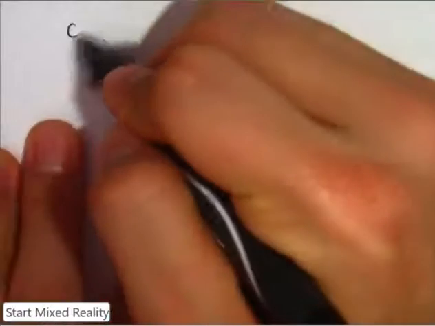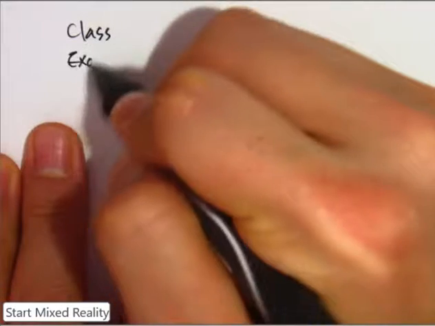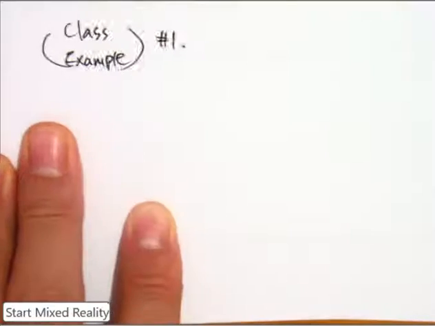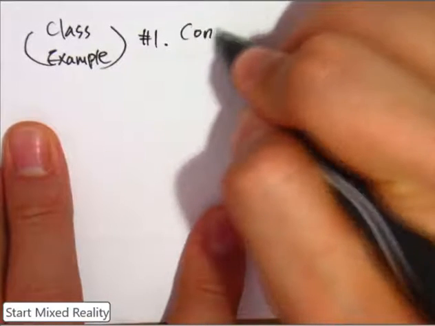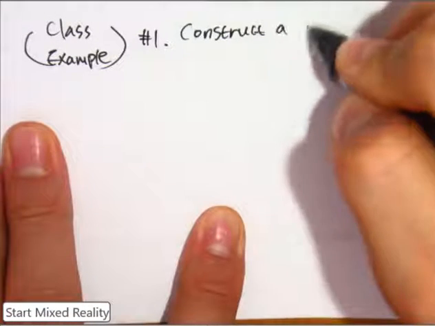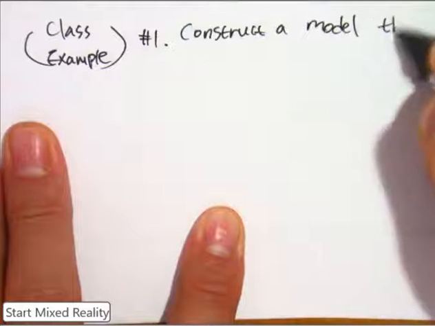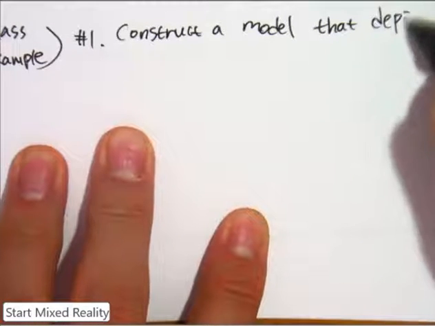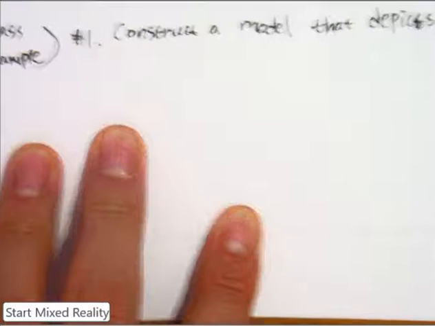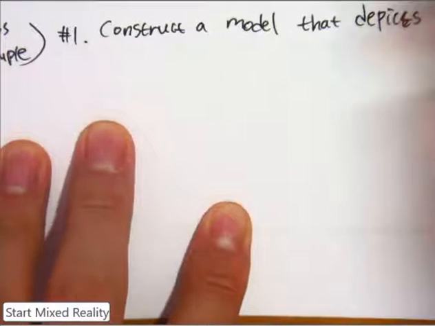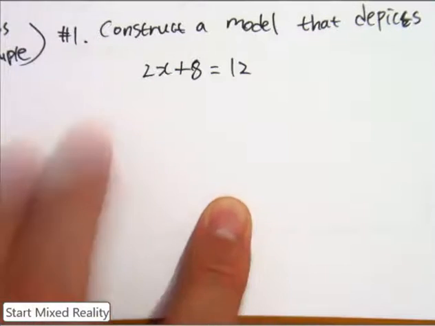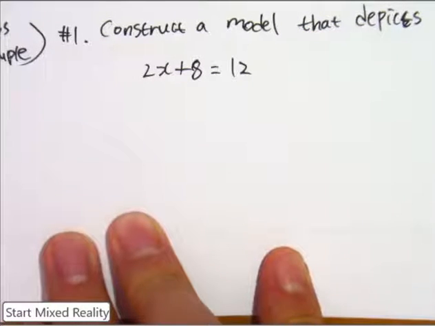Class example number 1: construct a model that depicts, meaning showing, 2x plus 8 is equal to 12. Something like that.